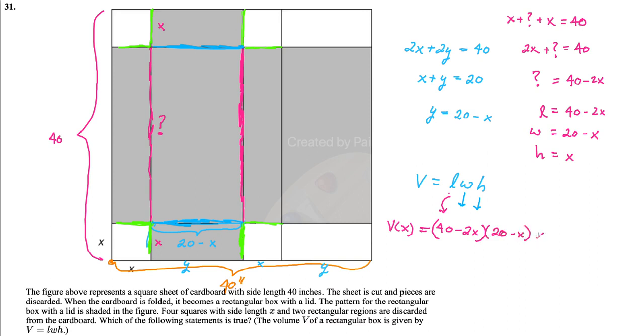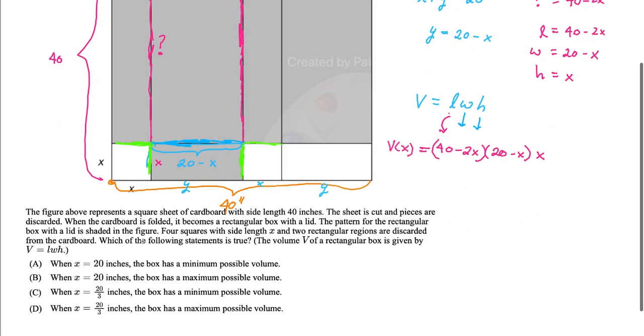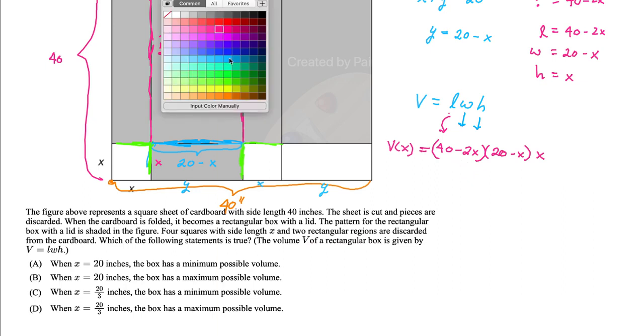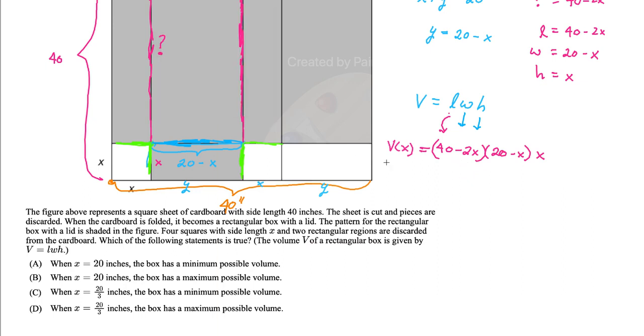And then my height is x. And now they're asking me which of the following statements is true, and they want to find out minimum, maximum, minimum, maximum. Okay, so let's find the derivative of this function, and let's find out where its mins and maxes are and see which one of these statements is true.